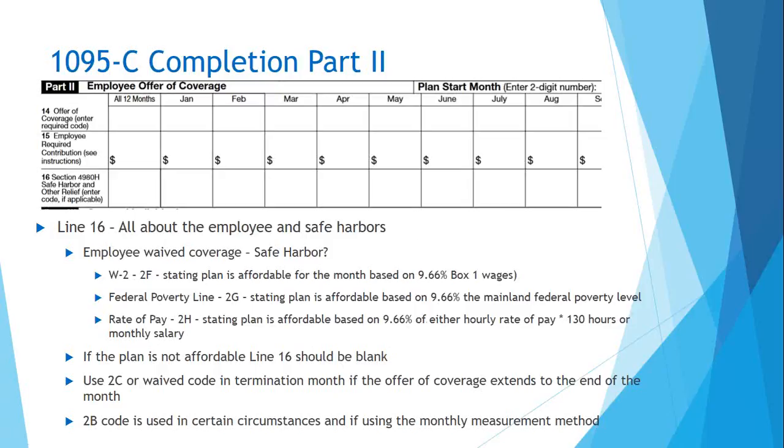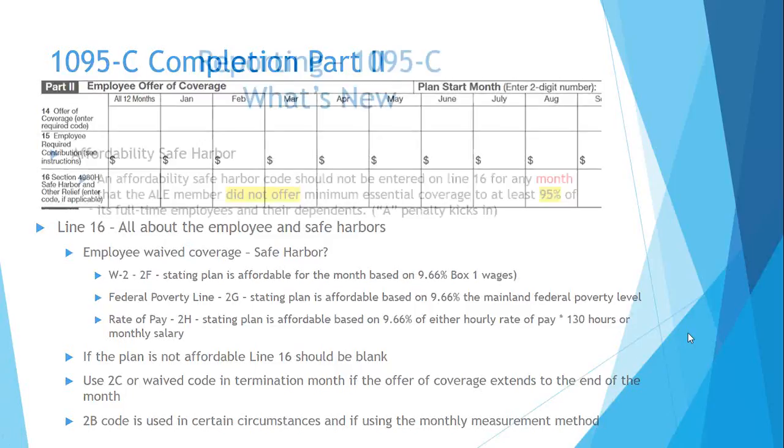We don't use 2B, B as in boy. The only time you would use 2B is if the plan stops on the last day or they are not covered for the entire month. So if you have a plan where the benefit, if an employee enrolls in it, stops on their last day worked, then you're going to use 2B as in boy in their last month of employment, regardless of whether they enrolled or waived.